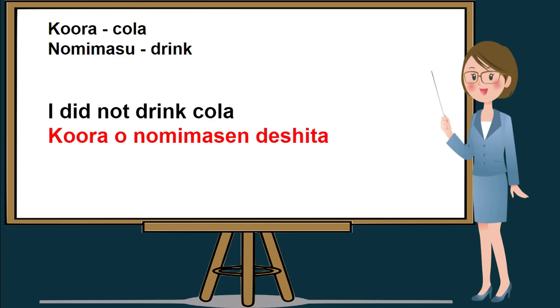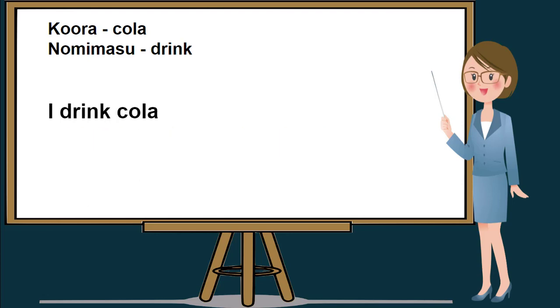Very good. I did not drink cola in Nihongo is kora o nomimasen deshita. Let's read this once again. Please follow after me. Kora o nomimasen deshita. Very good. Let's move on to the second sentence.